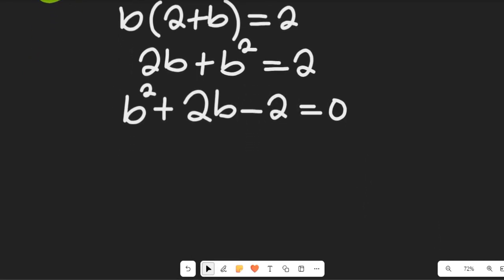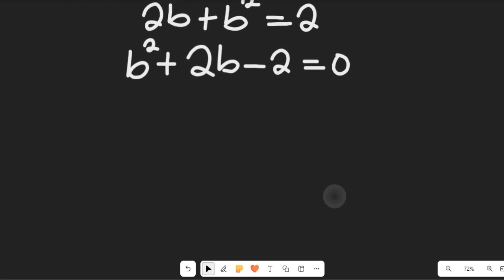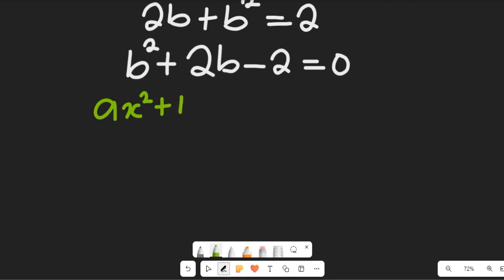Great. Now, we are going to solve this quadratic equation in order to find the value of B. Now, from this quadratic equation, we'll compare it with ax squared plus bx plus c equal to 0, which is a typical quadratic formula.